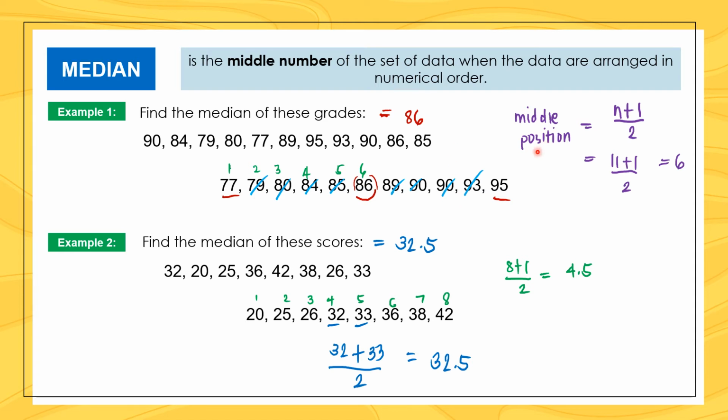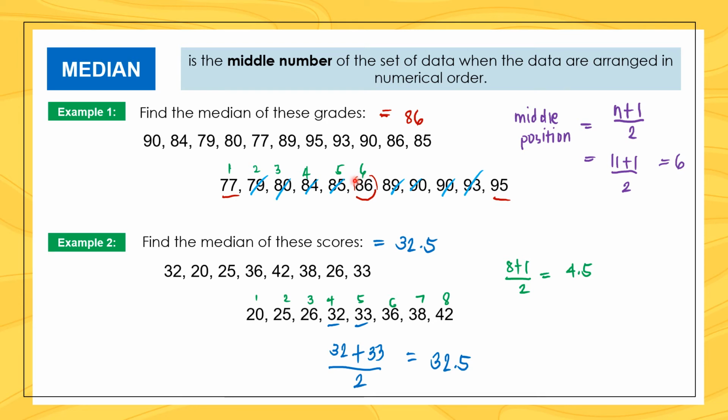And then next, you find the middle position using this formula, n plus 1 all over 2. So whatever the answer here, you need to find the value of that position. For example, in this case, I got 6, meaning I need to find out what is the number in the 6th position. So 1, 2, 3, 4, 5, 6. So that's the middle number. Therefore, this is the median.